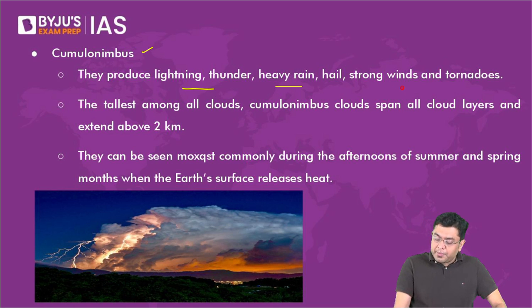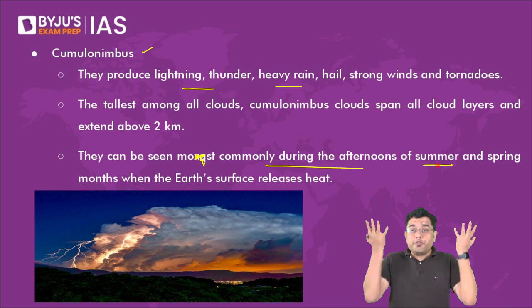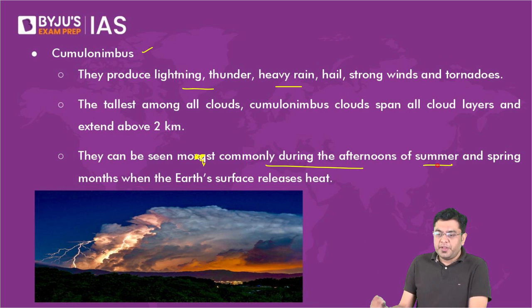Now, this will basically be most common during the afternoons of summer and spring, when you have a significant amount of continuous evaporation and condensation which happens. That is when cumulonimbus is created.